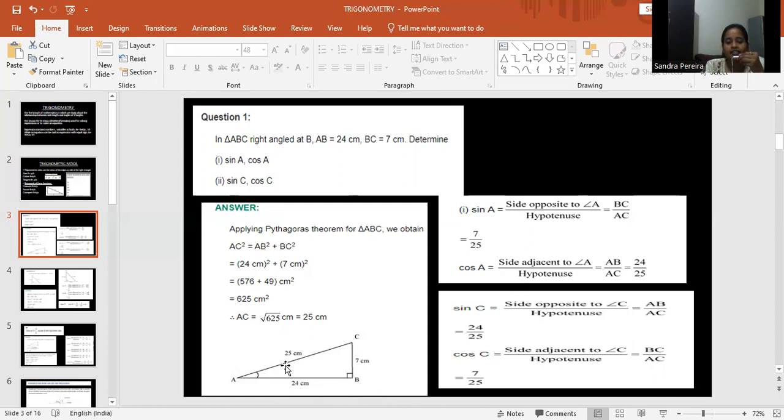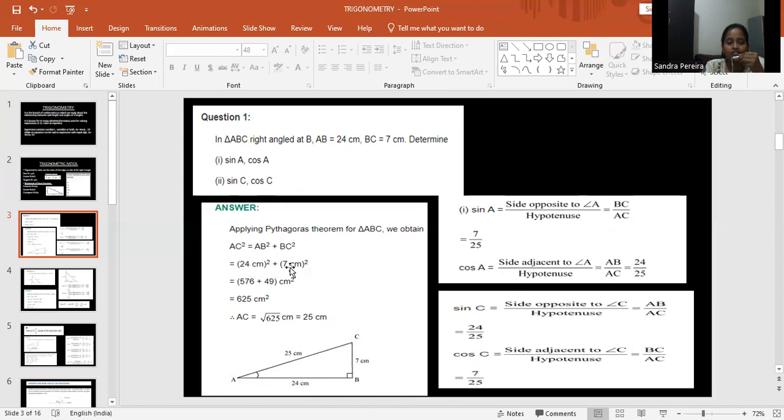That is, h square is equal to p square plus b square, means AC square, this is h square, is equal to AB square, that is b square, plus BC square, that is p square. This is the formula we used here, Pythagoras theorem.